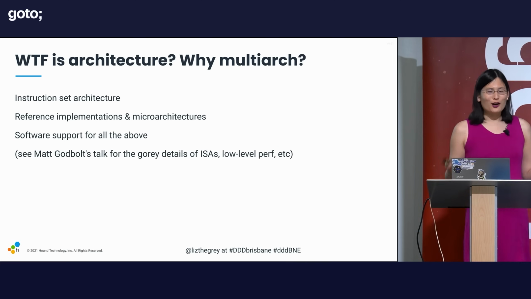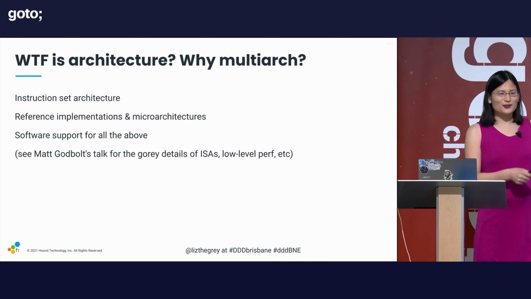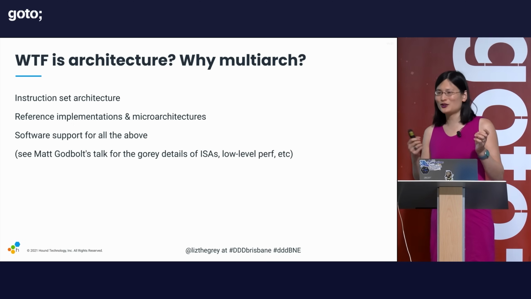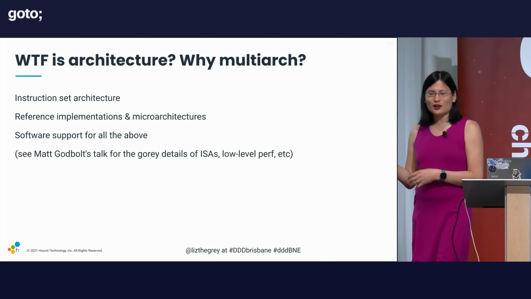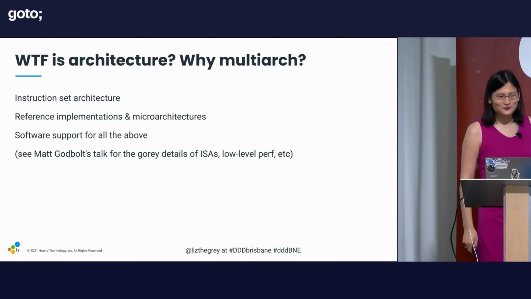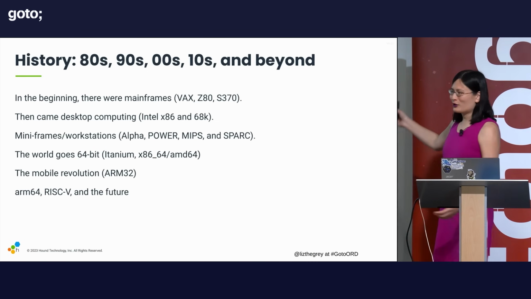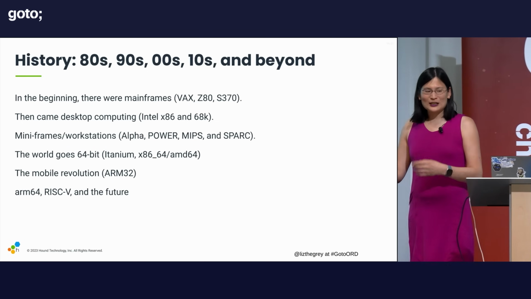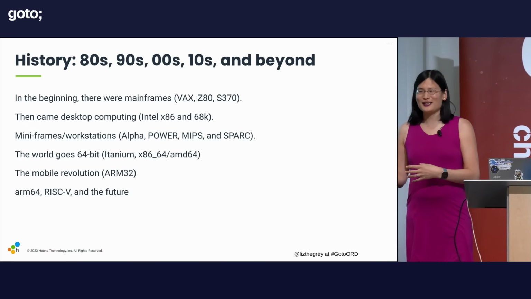But in short, architecture basically relates to the assembly instructions that your computer is executing, how those get translated into what the transistors are actually doing on the silicon. And essentially, you can think of the architecture as an API for you as a programmer to interact with the hardware that's running. So originally, there was a plethora of different architectures, and everyone had to pay attention to, does my software run on a VAX or on a Z80 or on an S/370?